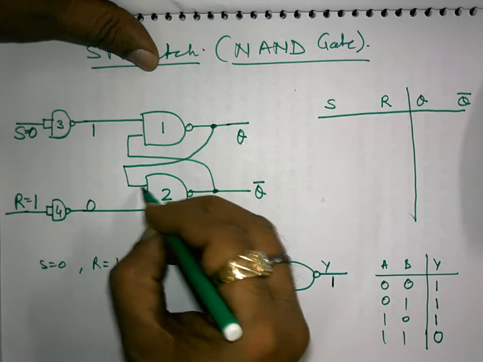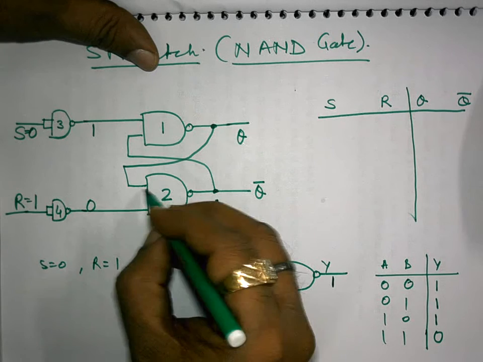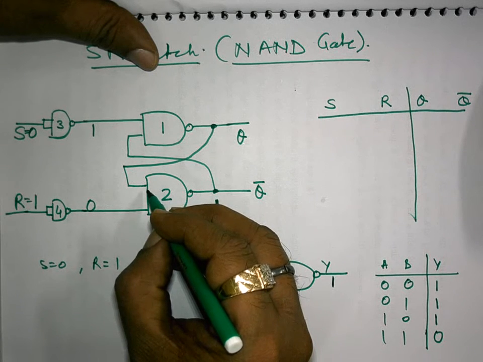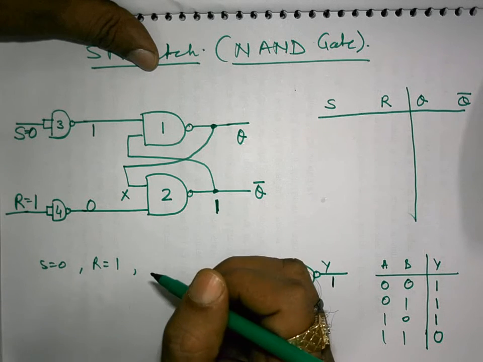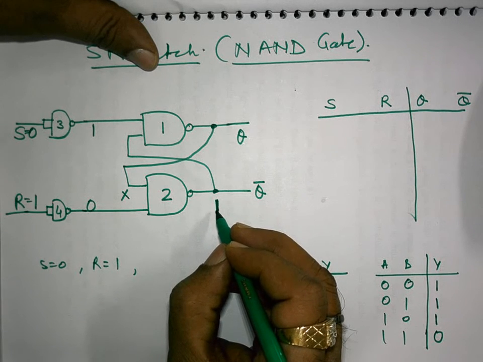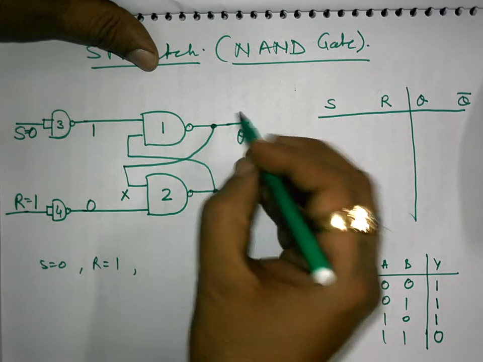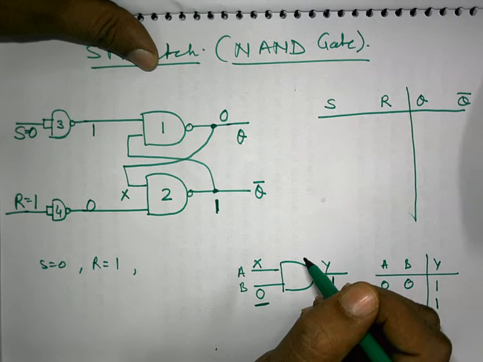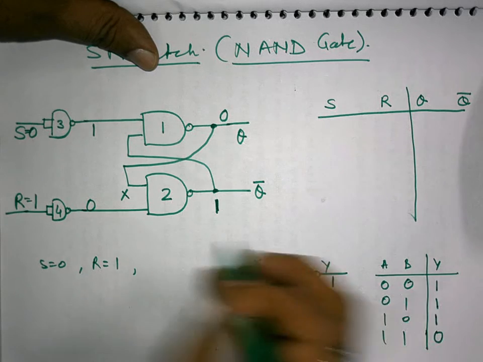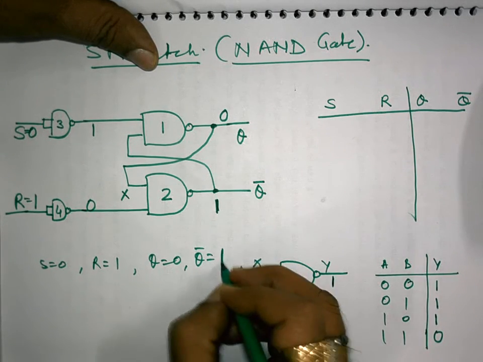Whatever previous output condition is coming back from Q to input number 2, it is not going to make any change in this output 1. And this 1 and this applied 1 make it 0. So Q becomes 0 and Q bar becomes 1.